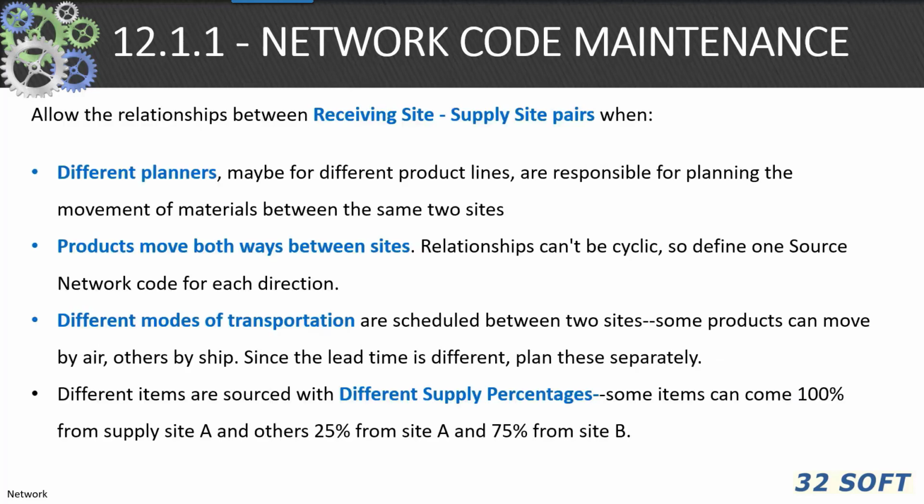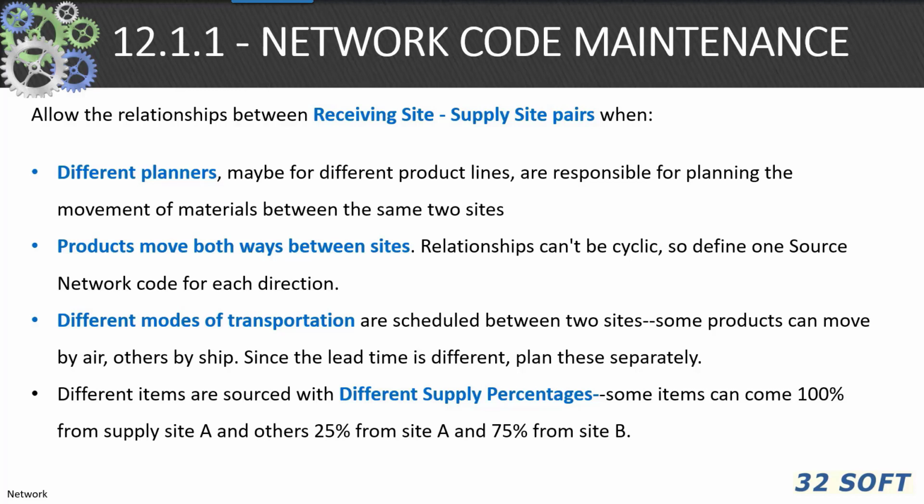This allows for the structure or the relationships between receiving sites and supply chains for various circumstances like different planners, product lines, data organizations. If the product moves both ways between sites, remember, relationships can't be cyclical, so one needs to define one source network code for each direction.